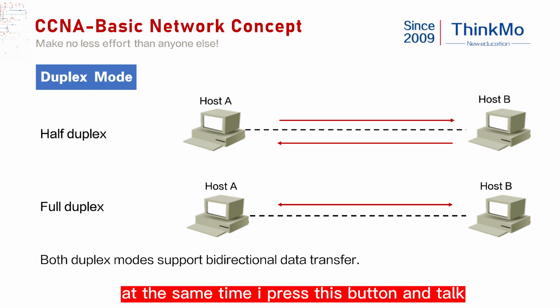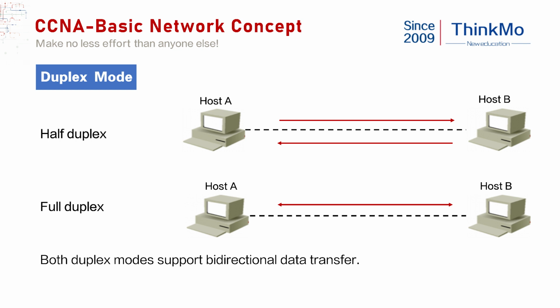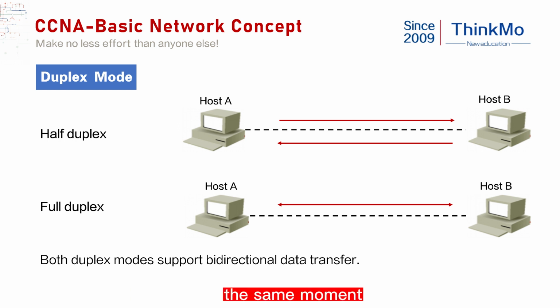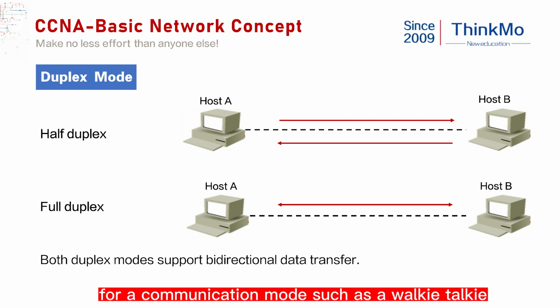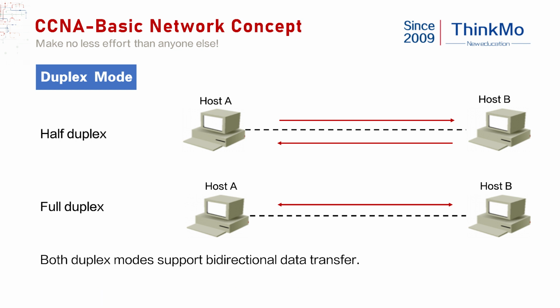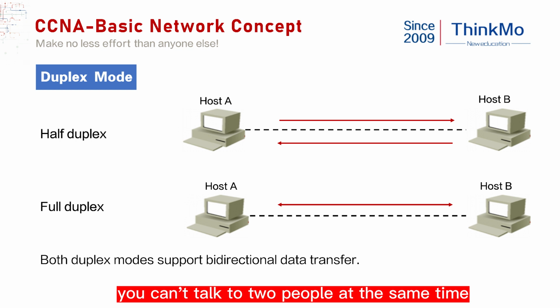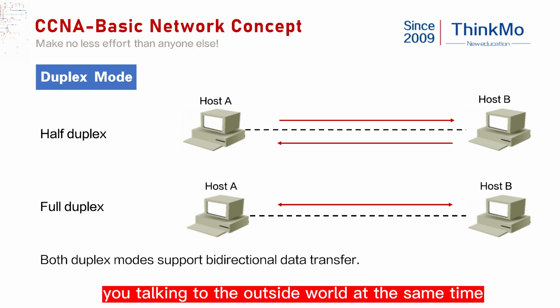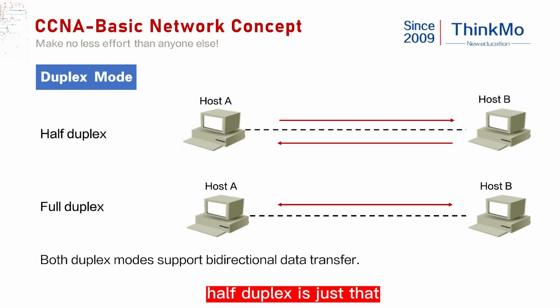When I press this button and talk, I take up the entire channel. Others can only listen to me when I speak. For a communication mode such as a walkie-talkie, you can't talk to two people at the same time. It doesn't support both of you talking at the same time. Half duplex is just that.